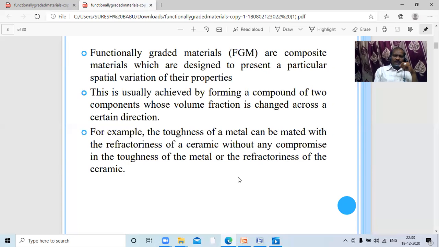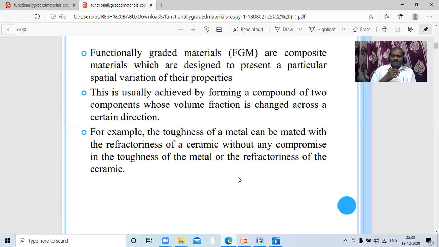As I am telling from the beginning of this class, FGM, that is functionally graded materials, are for specific reasons and for specific applications. Next, this is usually achieved by forming a compound of two components whose volume fraction is changed across a certain direction.